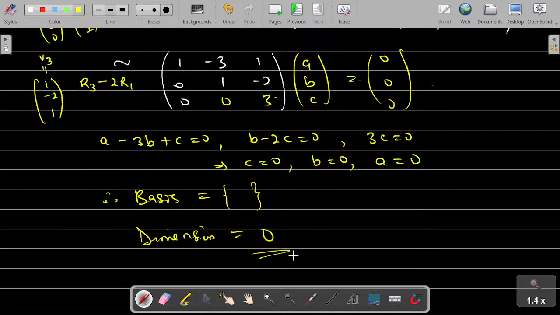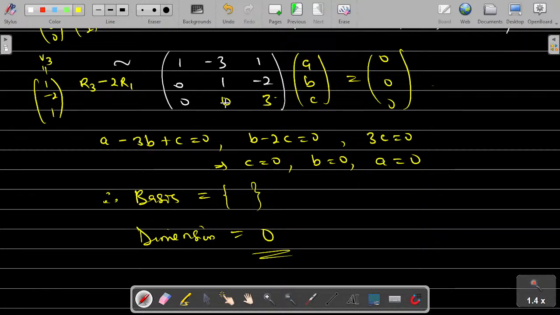The reason why it has no basis is because you can see that the solution is unique. Assuming one of these equations or rows was eliminated, then you would have had infinitely many solutions, and that would have provided a possibility for a basis, even though the basis may not span the whole vector space, but at least there would be a basis.